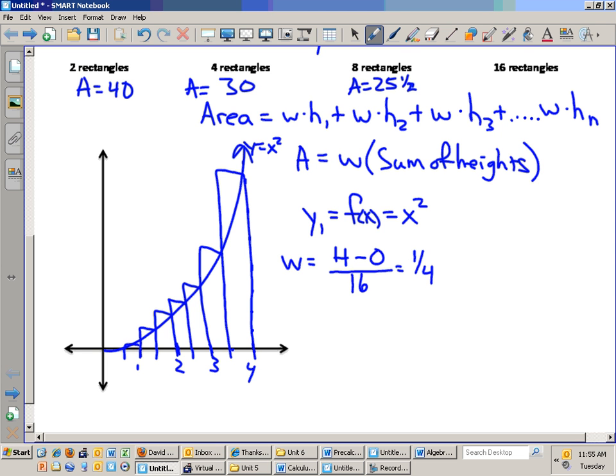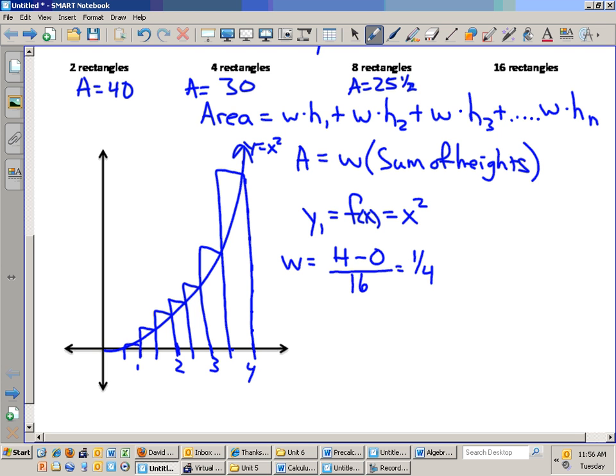Now we need to sum all the heights. In order to calculate a height, I would plug each value into the function. After I plug in 4, what would be the next value that I would plug in? 3.75. You said that the width was 1/4, so that will change each time. So 3.75, 3.5, 3.25. That gets old after a while, doesn't it?